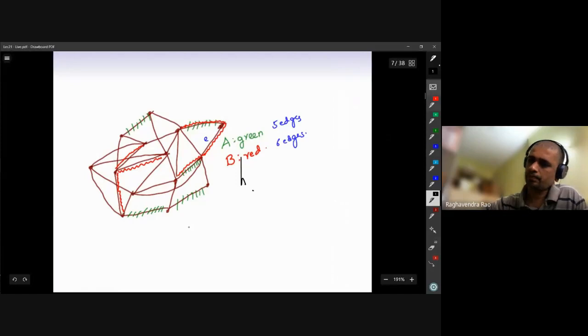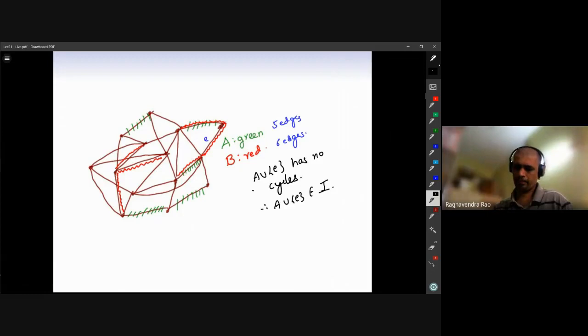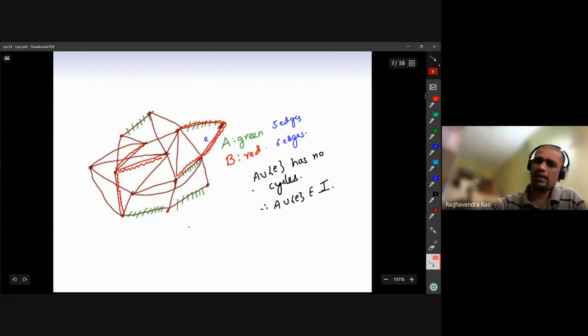A union e has no cycles. So therefore, A union e is in I. So how is the general scenario? In this case, e need not have been this alone. e could have been any other edge which is not present in A. So this could have been e, this could have been e, this could have been e.